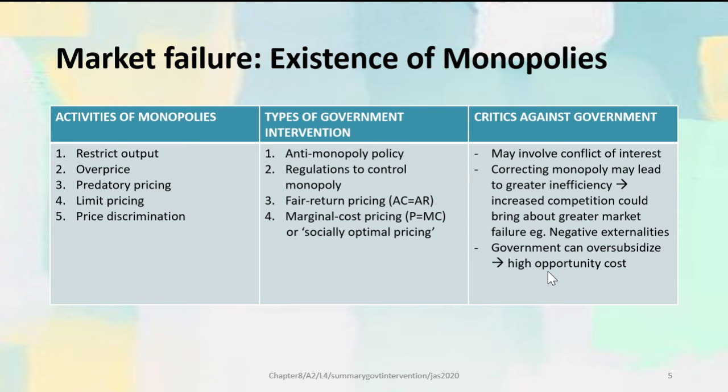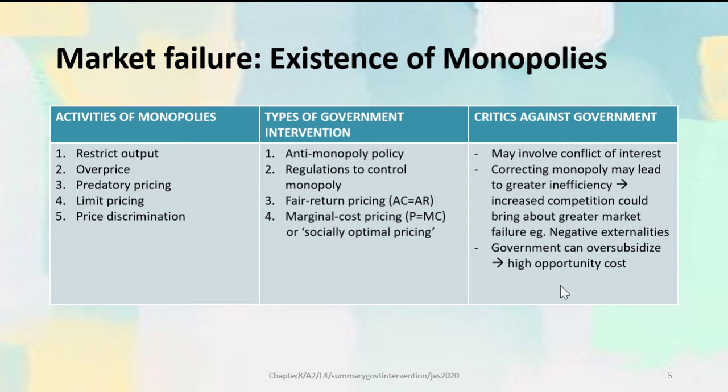And finally, we're talking about how government can over-subsidize. In this part, we're trying to achieve socially optimal pricing. Remember when the monopoly is incurring losses, government has to over-subsidize to make sure these firms survive, but at the same time produce more output to achieve this allocative efficient level.